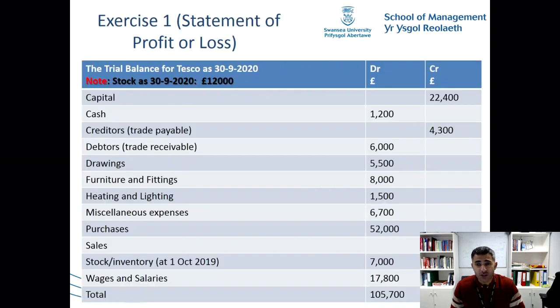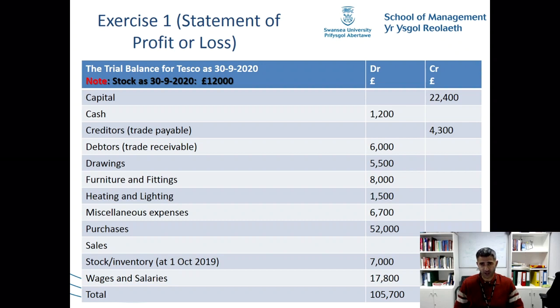Okay, so now let's look at this example. Do you remember, guys, when you have business transactions, you record them using T accounts, and after you record them, you balance off the accounts, and after you balance off the accounts, you prepare the trial balance.